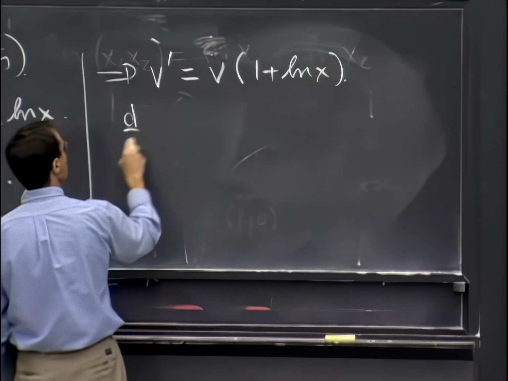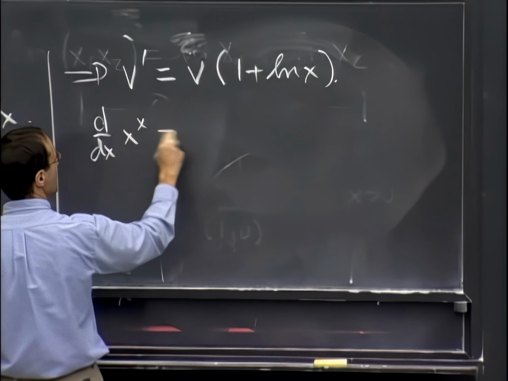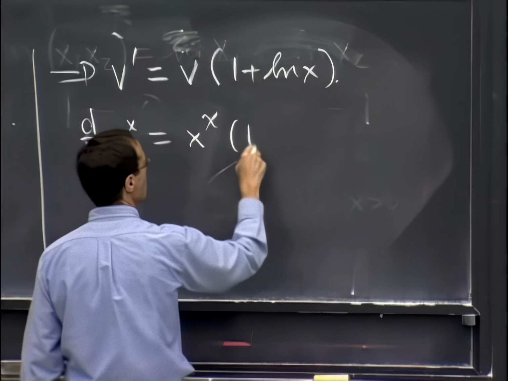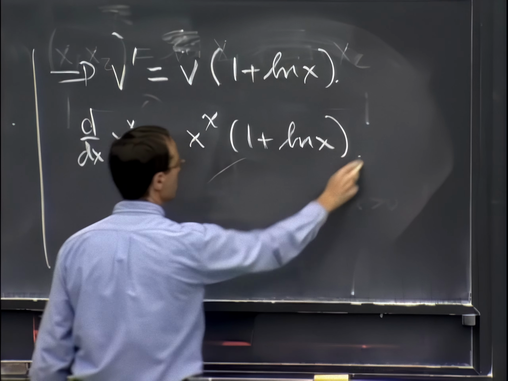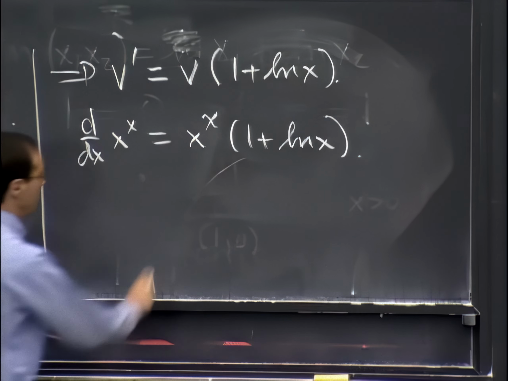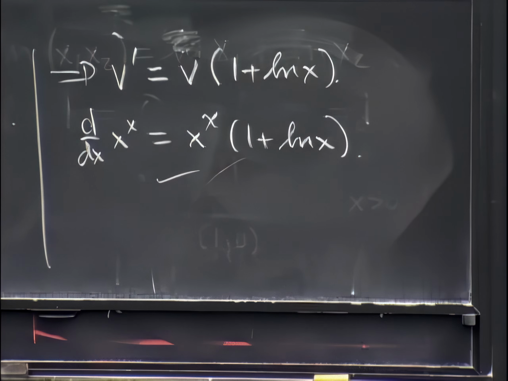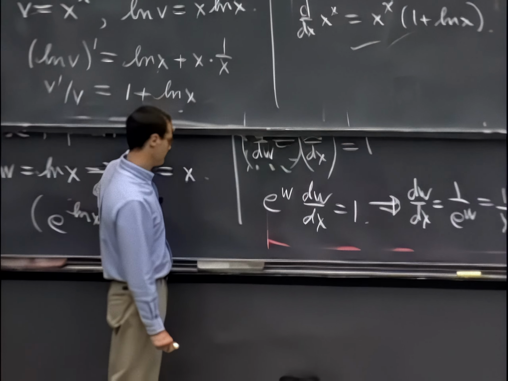And that's just d by dx, x to the x is equal to x to the x times 1 plus log x. All right, that's it. So these two methods always work for moving exponents.